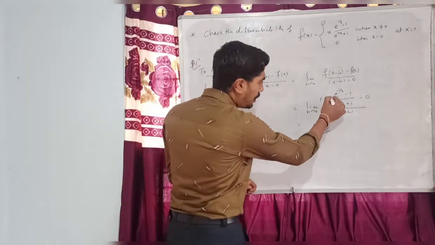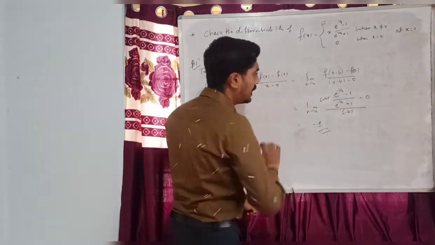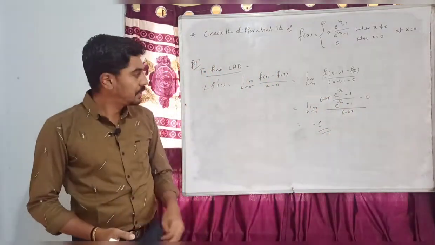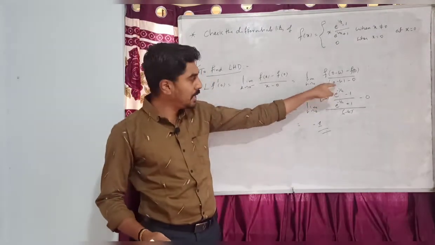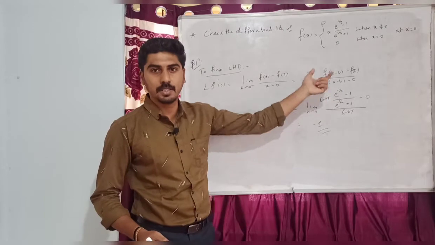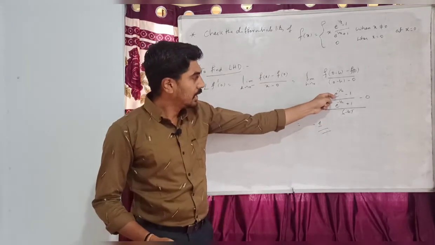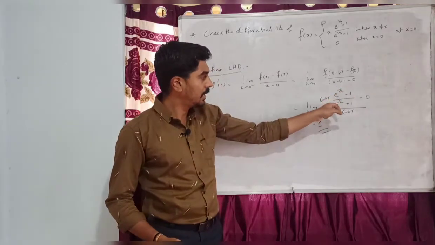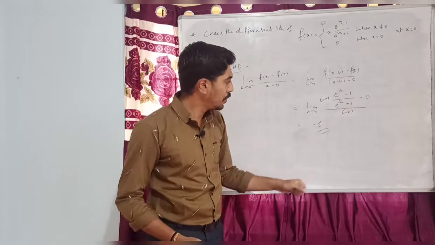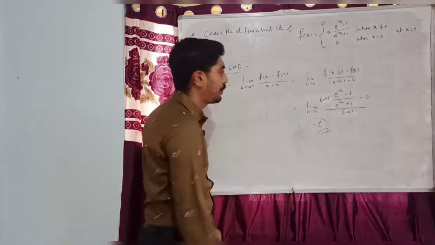First, these two terms will be cancelled. Next, as h tends to 0, I get here e power minus 1 by 0, which is minus infinity. E power minus infinity is 0, so 0 minus 1 and 0 plus 1 will be equal to minus 1.